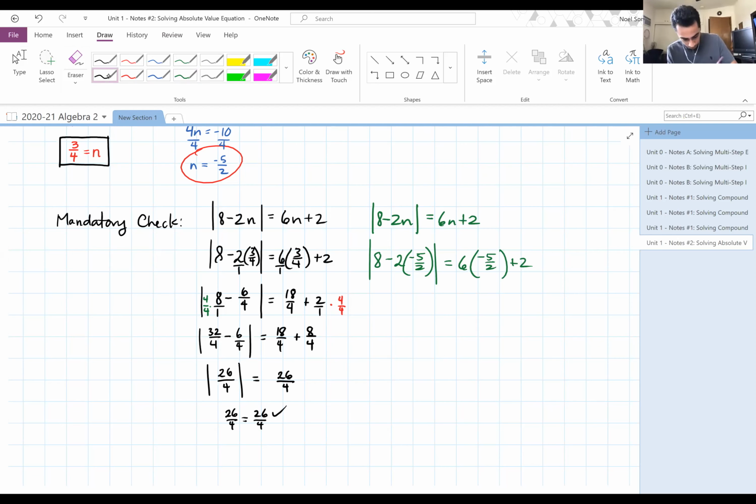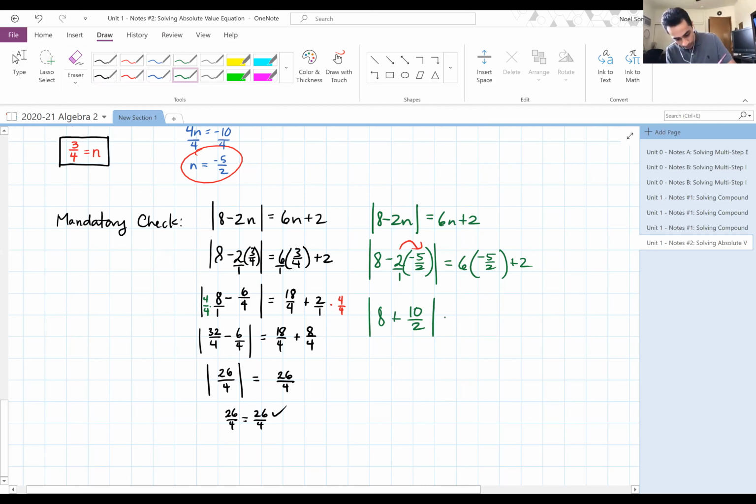So we have the absolute value of 8, and then if you multiply through, that's negative 2 times negative 5, so that's a positive 10, and positive 10 over 2. That's nice, that's going to simplify into a whole number.